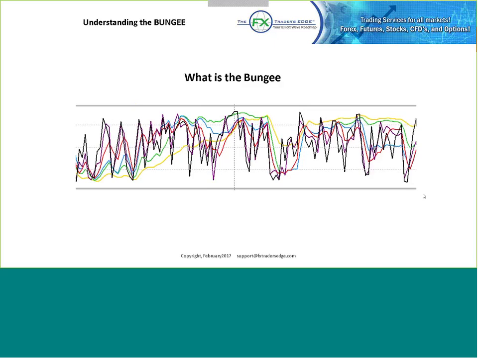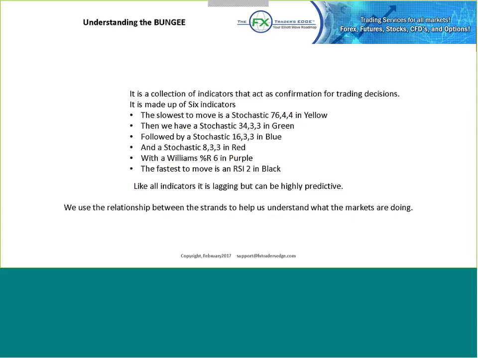So we have a collection of indicators that act as confirmation for trading decisions, and we call the bunch of 6 indicators together the bungee. And for those of you that aren't aware, this is what they are. Yeah, 4 stochastics, a Williams percent R6, and an RSI 2.